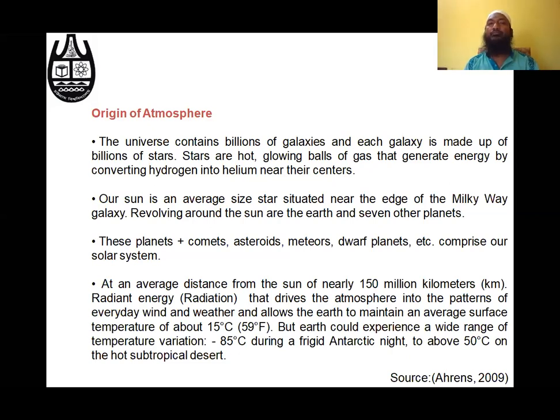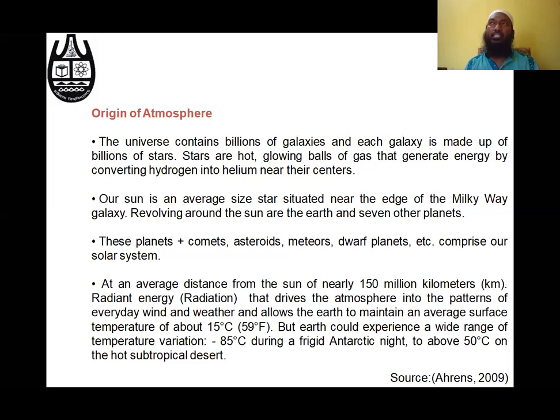Normally it should be 15 degrees centigrade on average, although the temperature varies a lot. In some desert areas at noon it may be more than 50 degrees centigrade. On the other hand, in Antarctica, on a cold night, it can be minus 85 degrees centigrade. So temperature varies depending on location, but the average temperature should be 15 degrees centigrade.